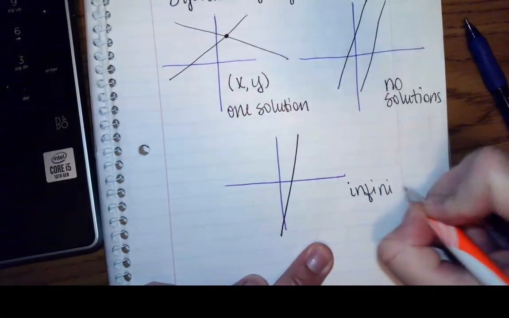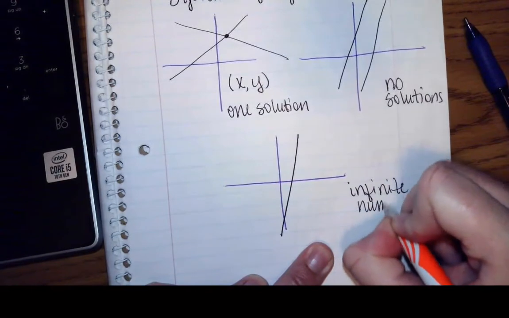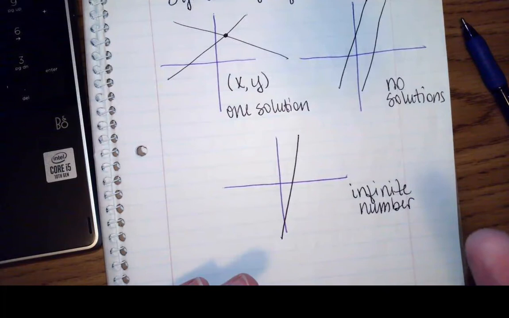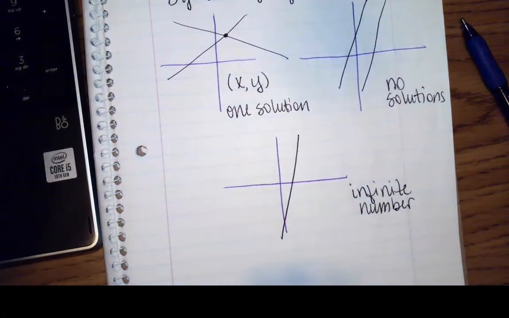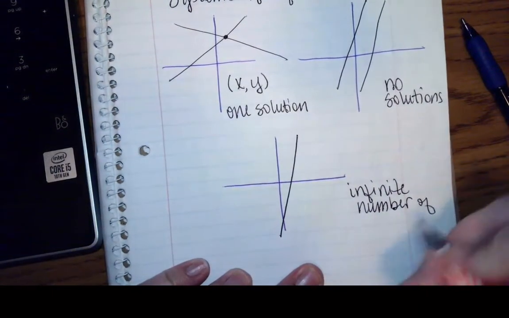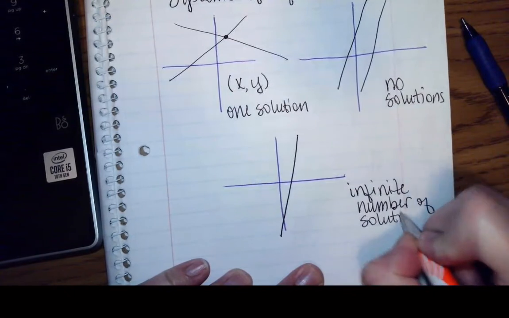Okay, an infinite number of solutions, because when we look at the equations, there'll be two equations, but they'll end up settling down once we work with it a little bit. They'll be the same answer. They'll be the same equation. Infinite number of solutions, okay?